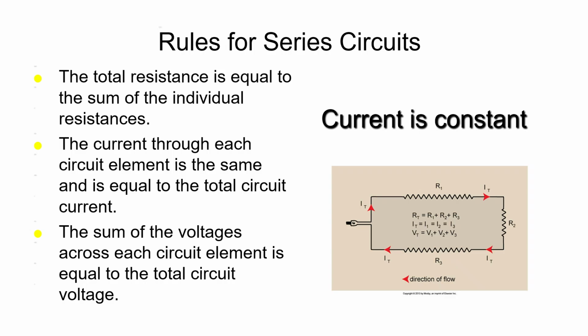In other words, current is constant in series. The sum of the voltages across each circuit element, so the voltage across resistor 1 plus the voltage across resistor 2 plus the voltage across resistor 3, is the total voltage supplied by the battery or the generator. Okay?